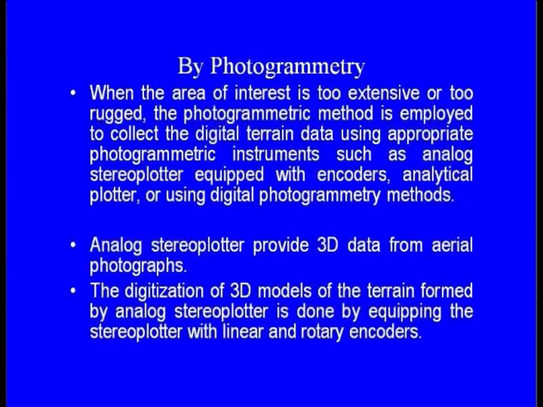Analog stereo plotters provide 3D data from aerial photographs. The digitization of 3D models of the terrain found by analog stereo plotter is done by equipping the stereo plotter with linear and rotary encoders.